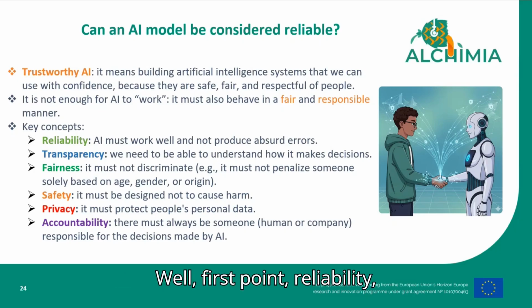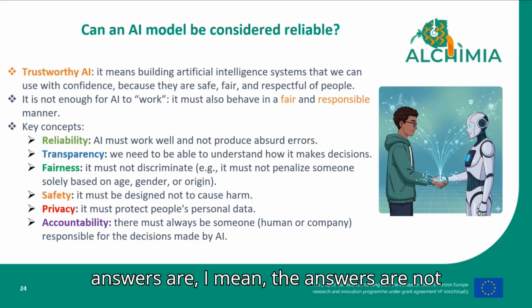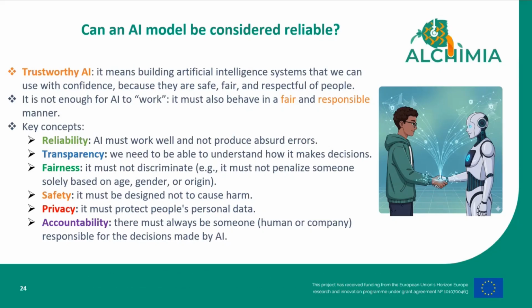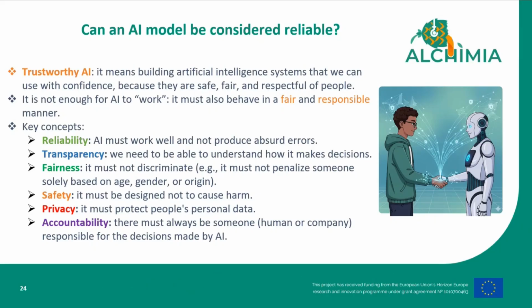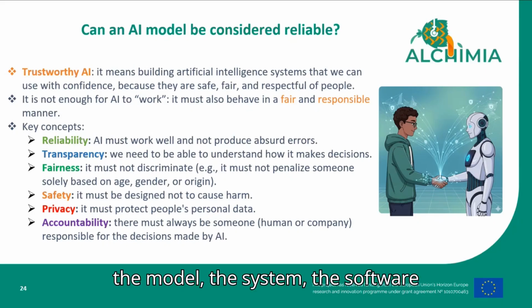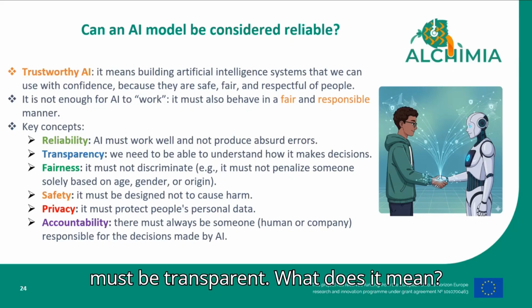Well, first point, reliability, obviously, because the model is reliable for us if the answers are not absurd or do not produce errors. I mean, if the answers are clearly false, for example. The software must be transparent.